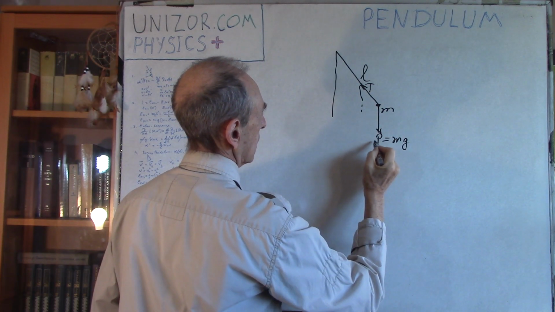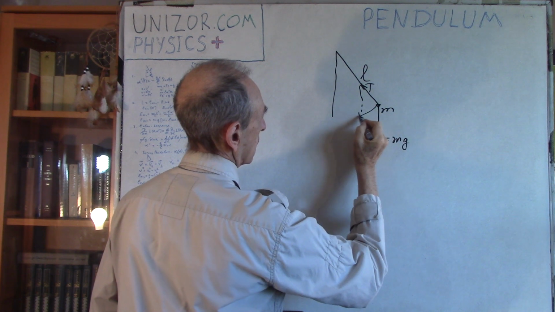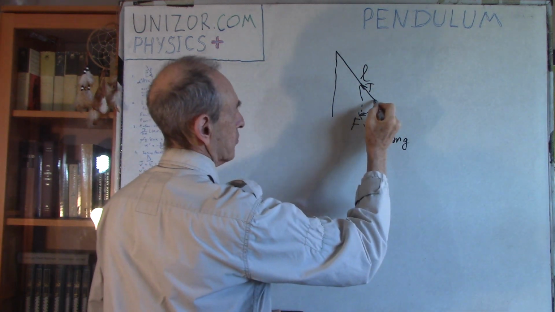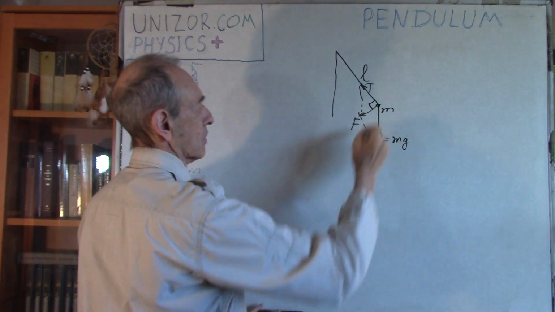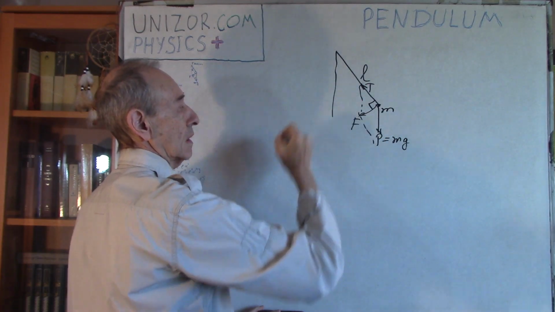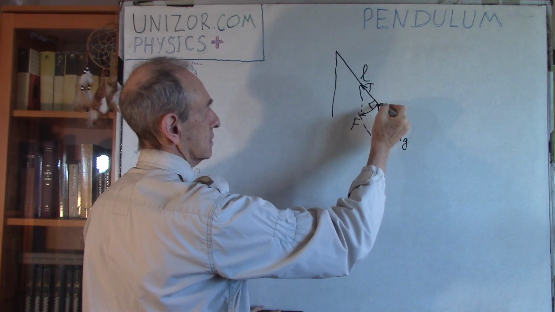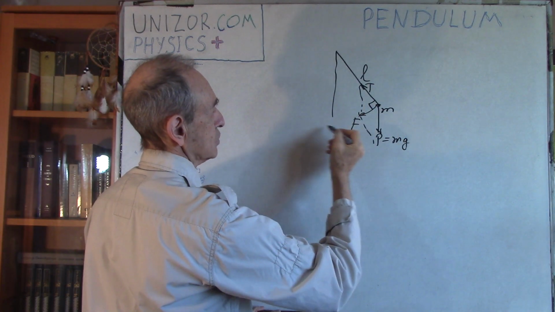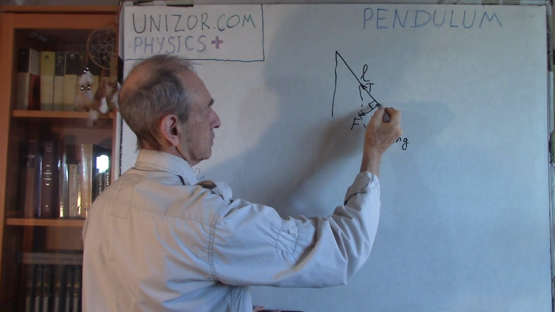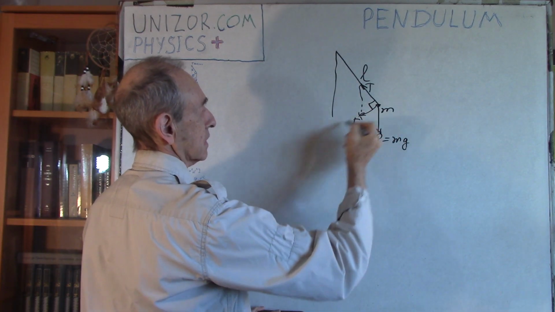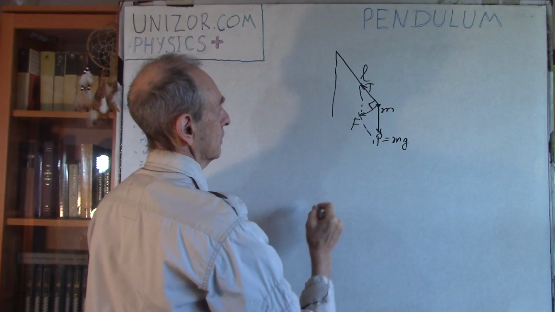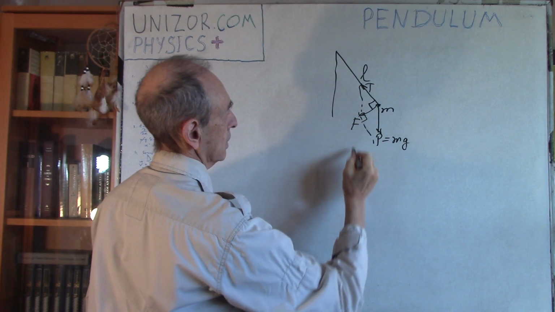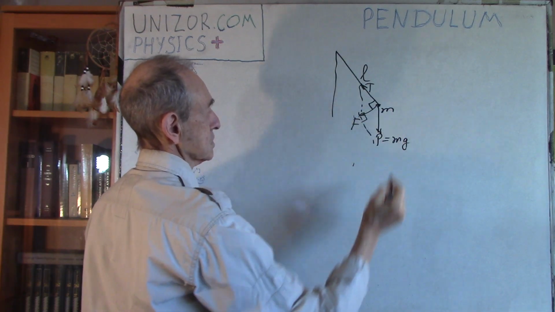Together they give a force which is always perpendicular to the thread, because the motion goes along a circle and the thread is a radius of this circle. The force is parallel to the trajectory, which is a circle, and that's why it's perpendicular to the thread as well, because this is a parallelogram of forces.